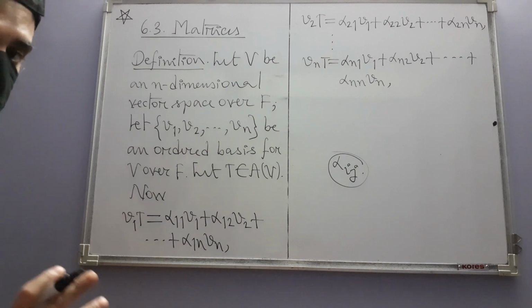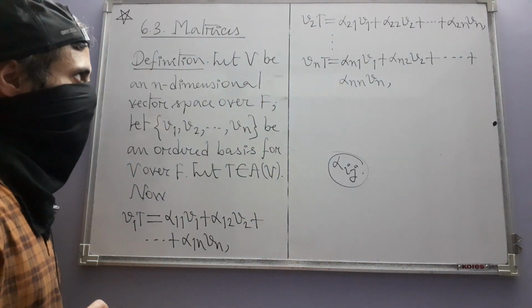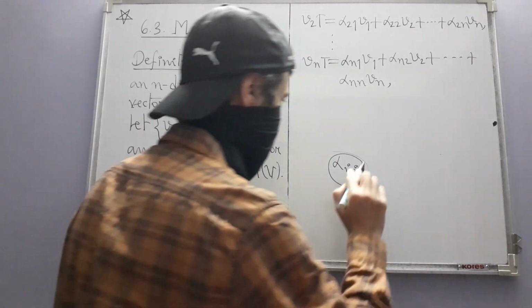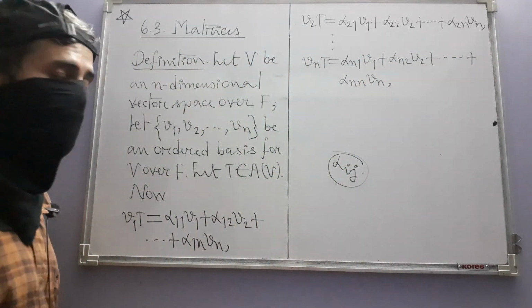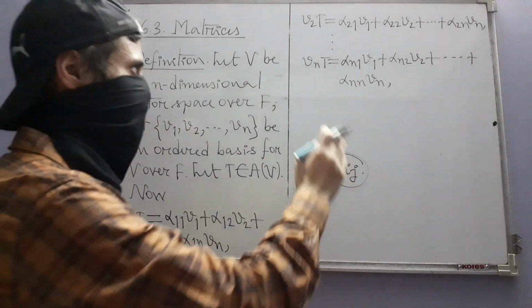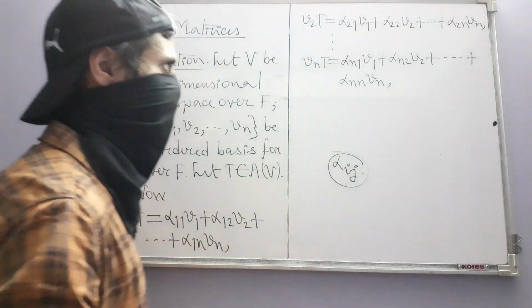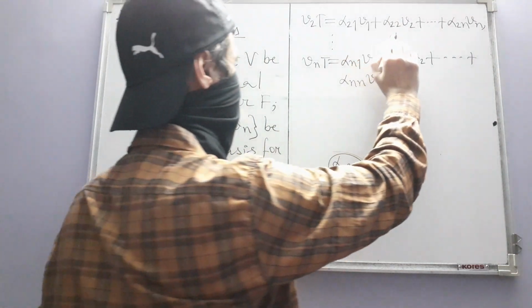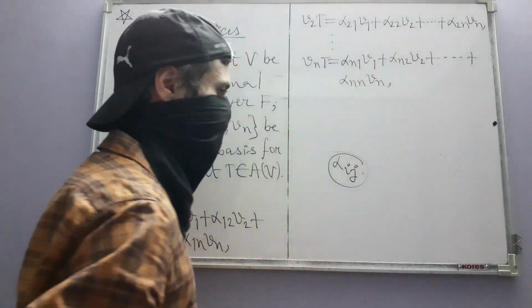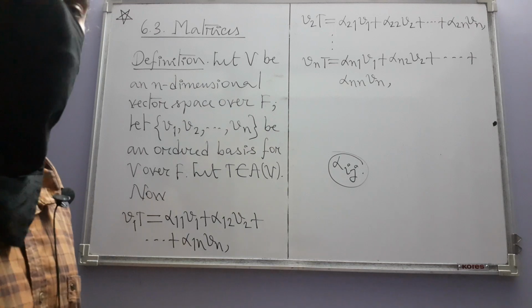And now you can understand why we have said ordered basis. That's because the position of these Vi's, you see, we are not changing. Of course, if you want, you can rearrange the terms and write the linear combination in a different manner. Say you decide to write alpha 22 V2 first. That you can do, but we decide not to do that.